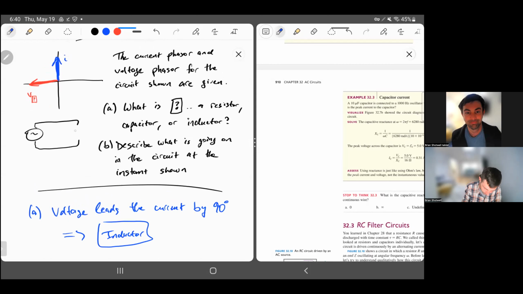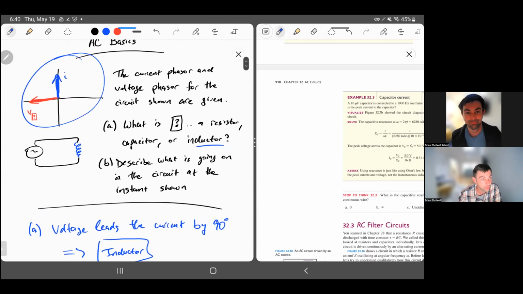So we know that this is going to be the coil circuit element. It's ugly. Coil. There we go. Okay, so it's an inductor. And we want to describe what's going on in the circuit at the instant shown. So at the instant shown, which is this, this is showing a particular time.